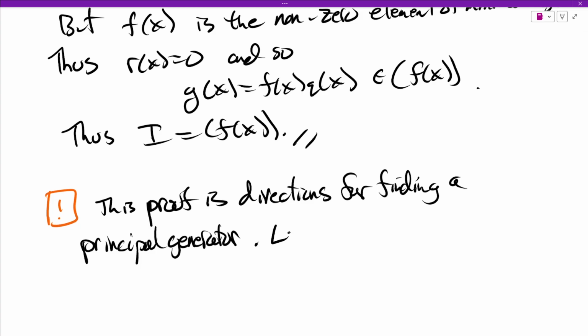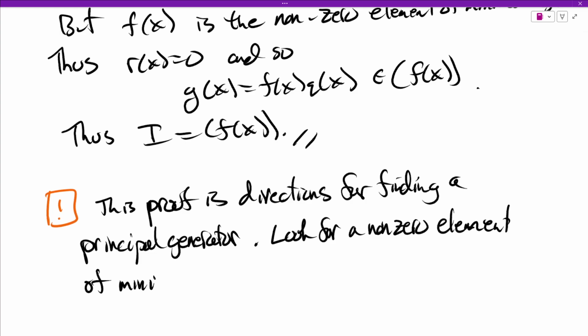What do you do? You look for a non-zero element of minimal degree. And if you can find that non-zero element of minimal degree, then that's the principal generator. So that's how you actually find them.